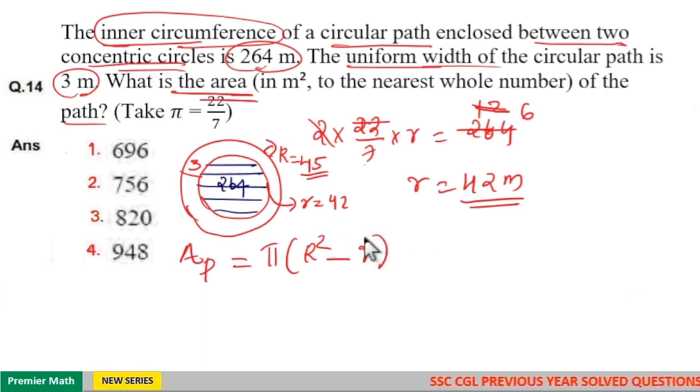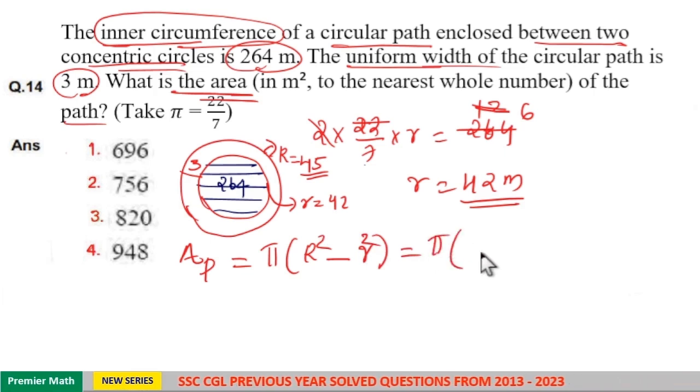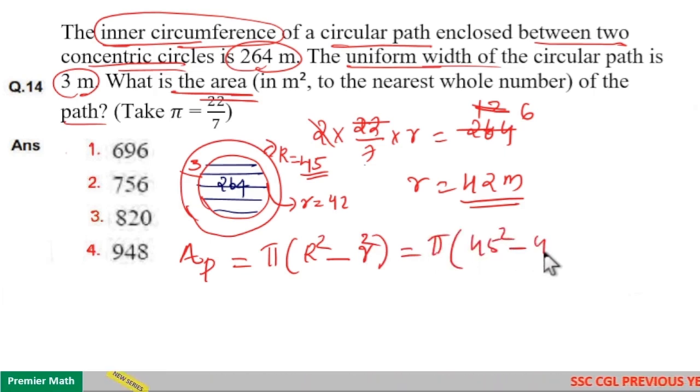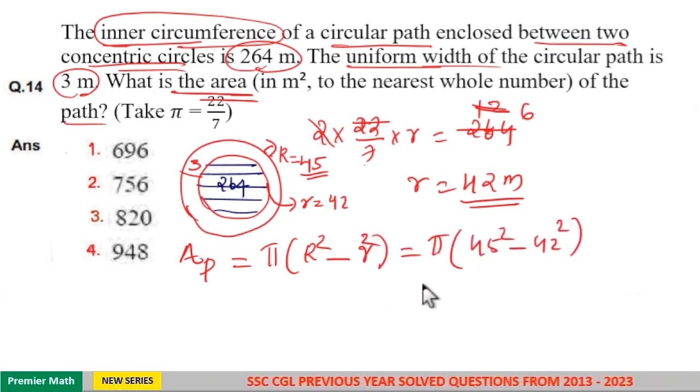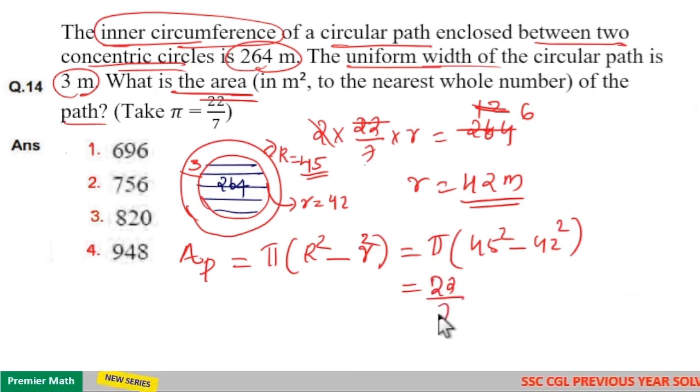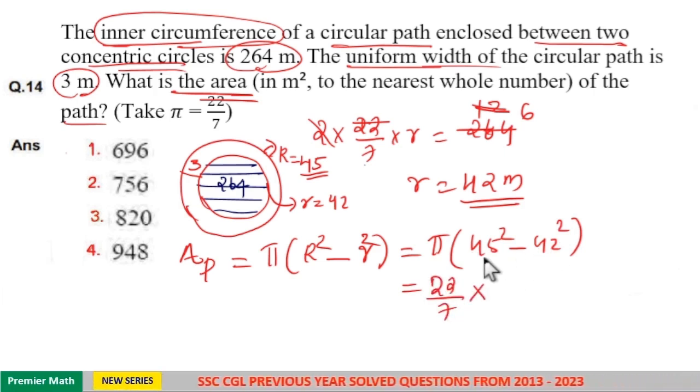Small r square is 42 square. So this is equal to pi into 45 square minus 42 square. Here this is in the form of a square minus b square. A square minus b square is a plus b into a minus b. So 22 by 7 into a plus b, which is 45 plus 42, 87.